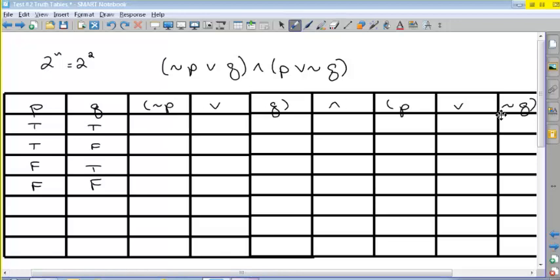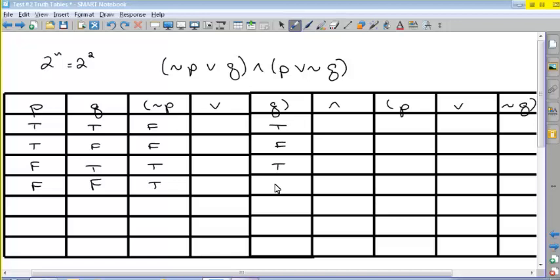Now I go back to the ones that just include either the negation of the letter or the letter. So when I have the negation, I just go to the column that has P in it and I do the opposite. And I go to the next letter, which is Q, so I just copy Q in this case.